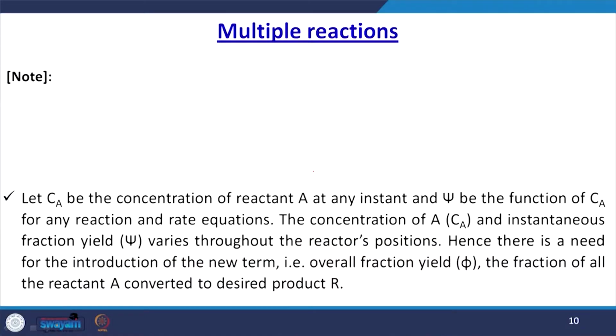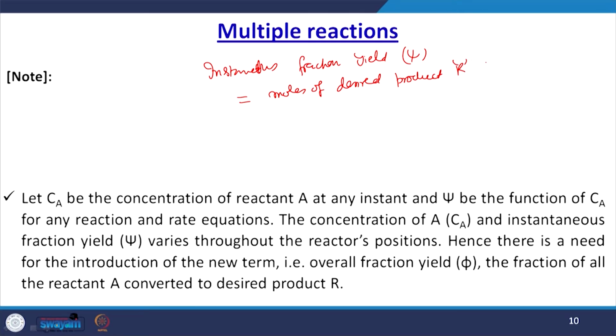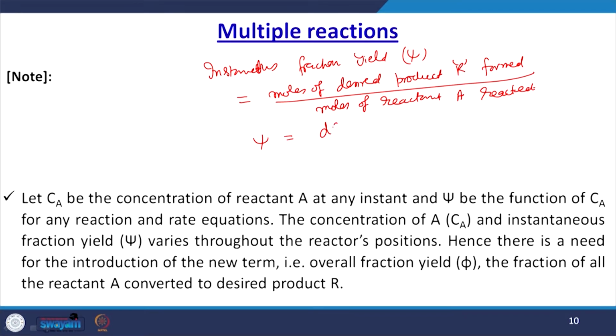If we put this in a mathematical approach, the instantaneous fraction yield psi may be given as moles of desired product R formed during the course of a reaction divided by moles of reactant A that reacted, and this is represented as psi equals dCr upon minus dCA.